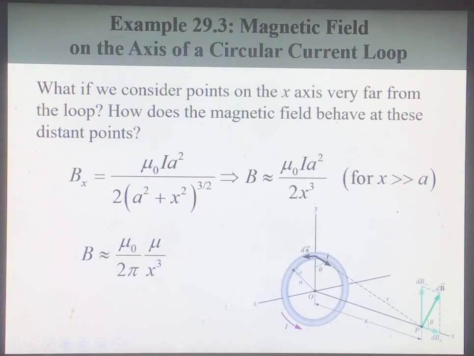The area is pi radius squared. So mu is equal to I times pi radius squared. If you rearrange this equation, you can write it in this form where mu is equal to I times the area, which is I times pi r squared.